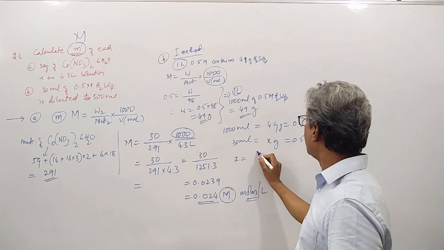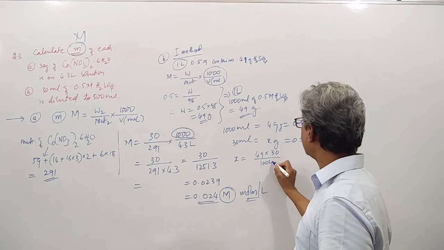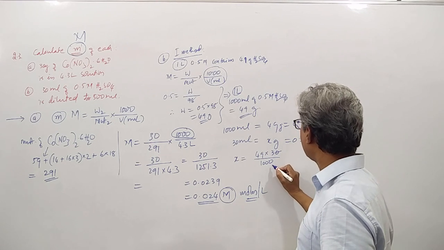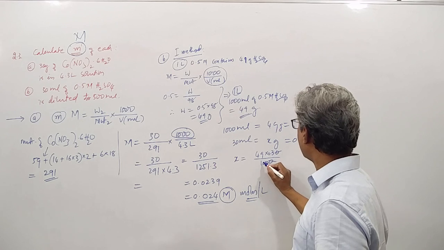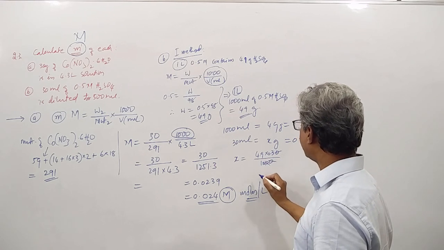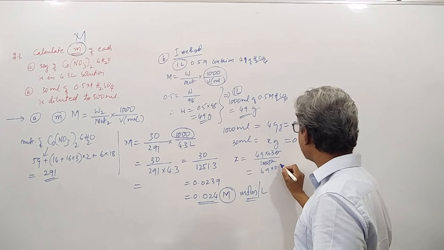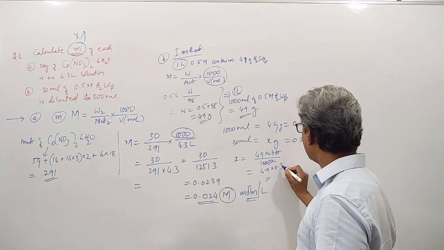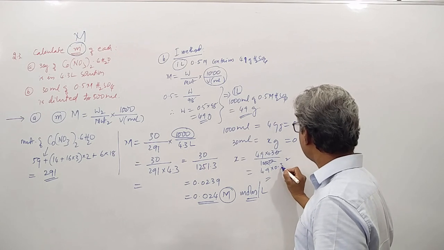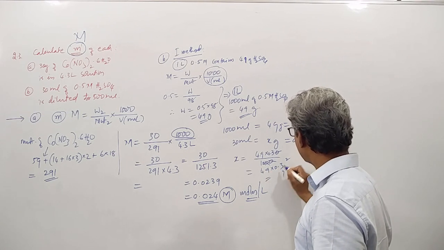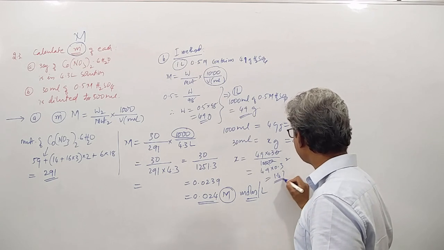X is equal to 49 into 30 divided by 1000. See students, this will get cancelled. Then this will be 0.3 and this will be 4.9. This means 4.9 into 0.3, which is 1.47 gram.